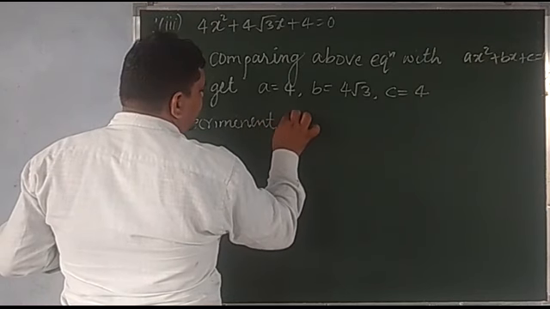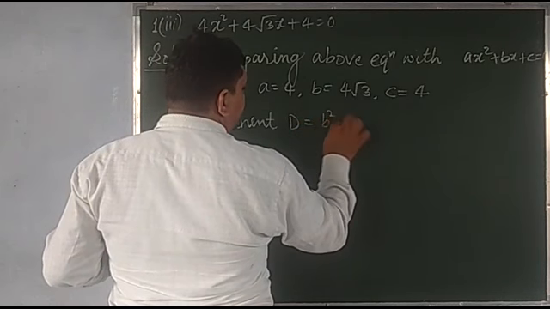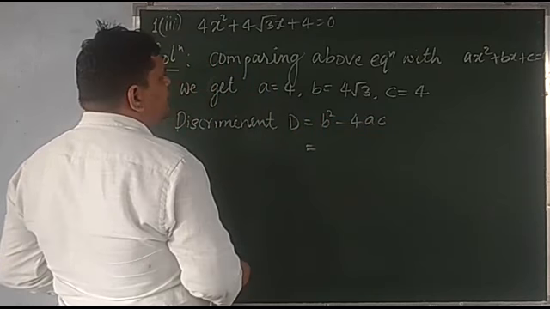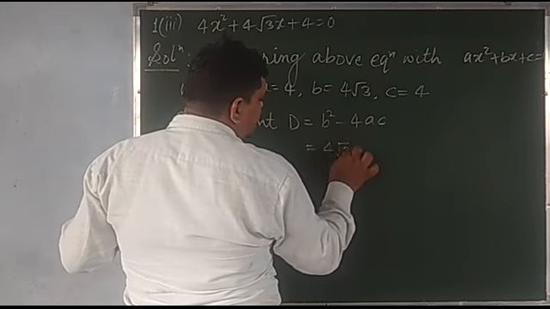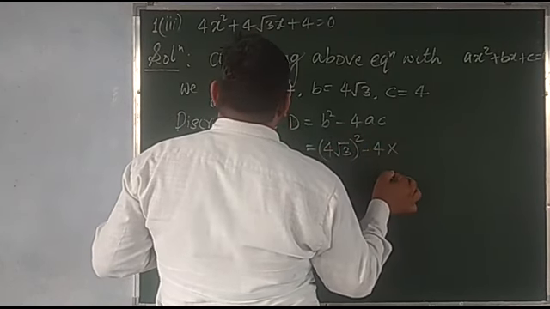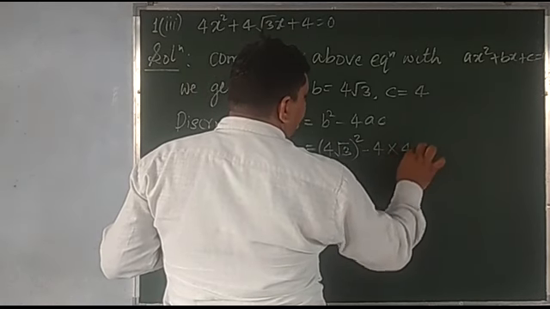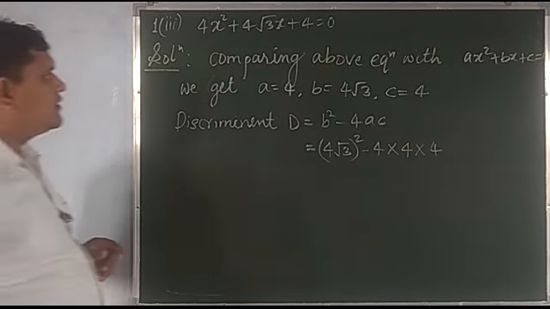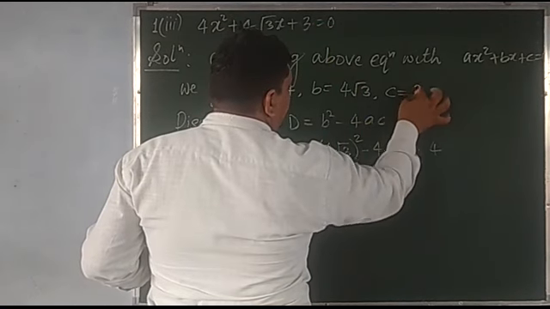Your discriminant d is equal to, we know, b square minus 4ac. Put your values, b is 4 under root 3 whole square minus 4 into a which is 4 and c which is 3. Sorry, we have written this wrongly, it is 3.